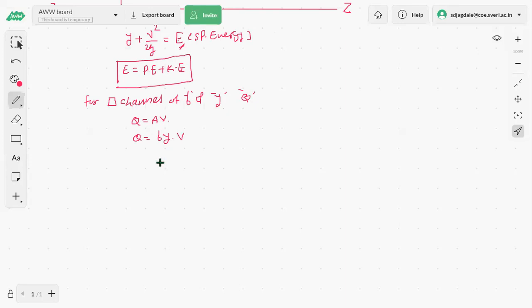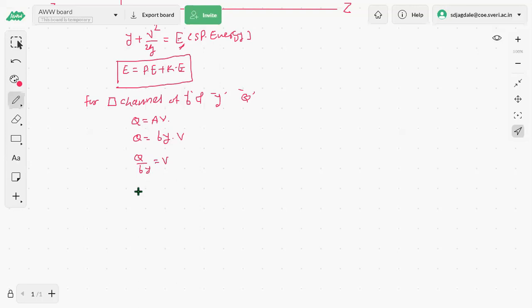So Q upon b is equal to the velocity v, and we know that the discharge per unit width, that is Q by b, we used to represent by a small q.